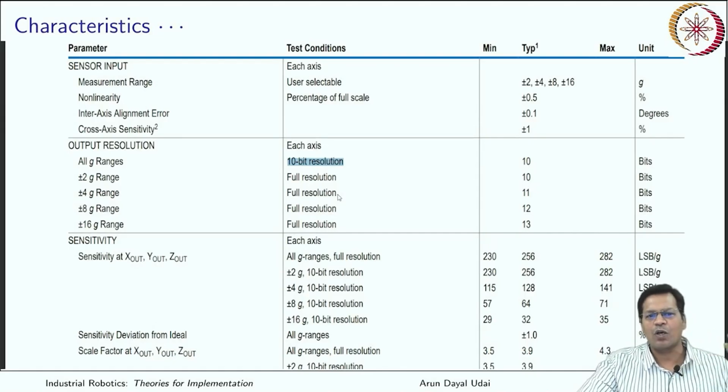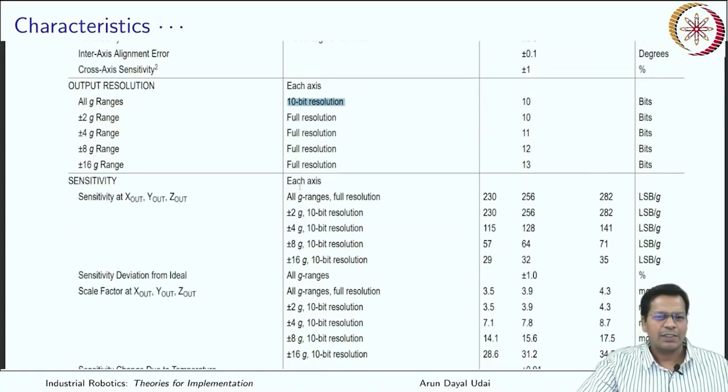Let us say it can go up to 2G of measurement, maximum 2G. So the smallest part of G that you can see is 2G by 2 to the power 10. So that is the least value that it can show you as an output. Okay, so that is the 10 bit, that means 2 to the power 10.